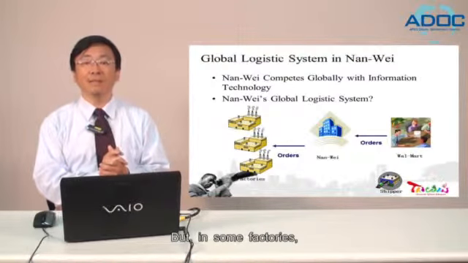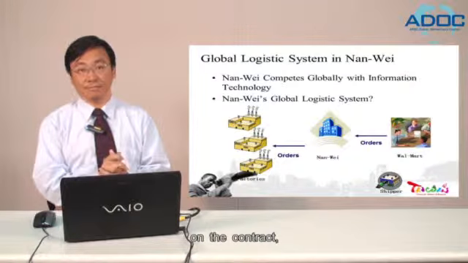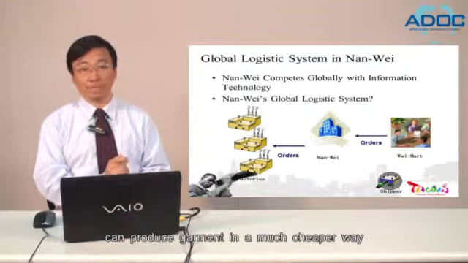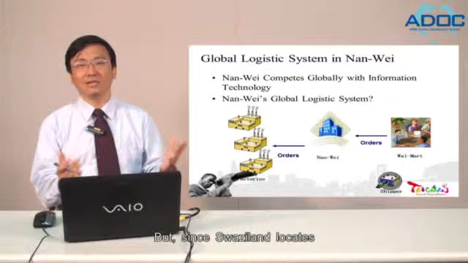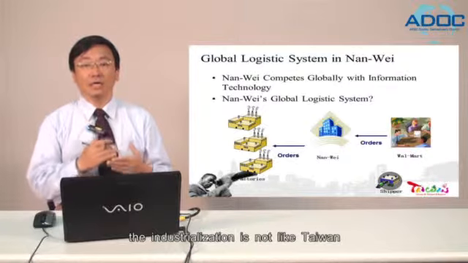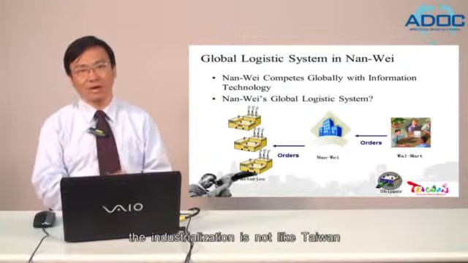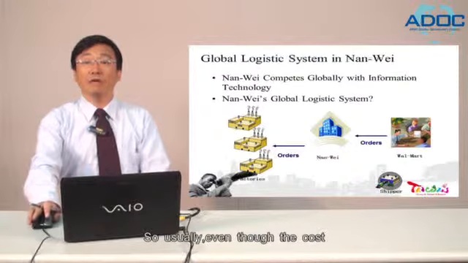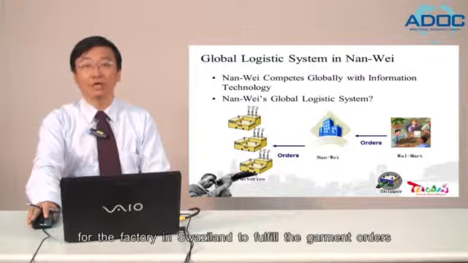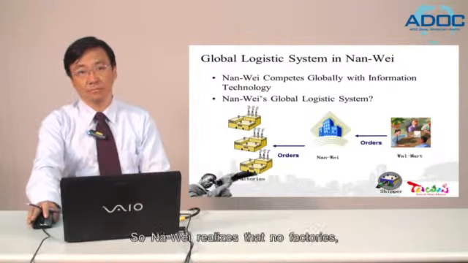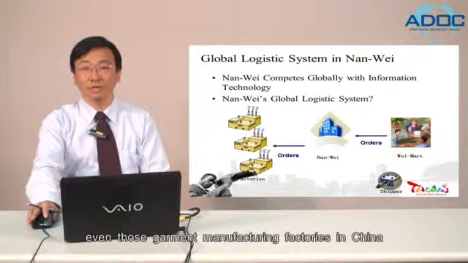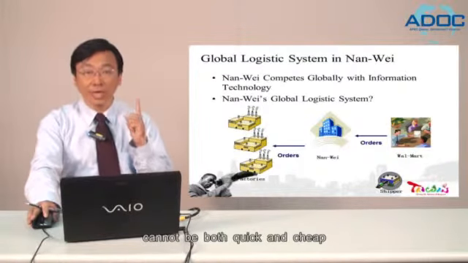But in some factories, for example the factory in Swaziland, garments can be produced in a much cheaper way. But since Swaziland is located in the middle of southern Africa, the transportation and industrialization are not like Taiwan's. So even though the cost can be cheaper, it will take longer for the factory in Swaziland to fulfill the garment orders. So Nanwei realized that no factory, even the garment factories in China, can be both quick and cheap.